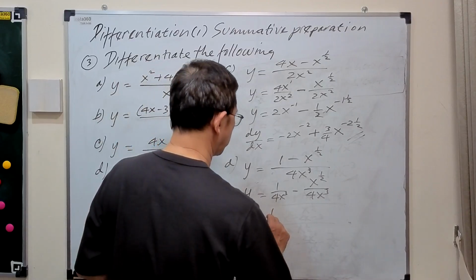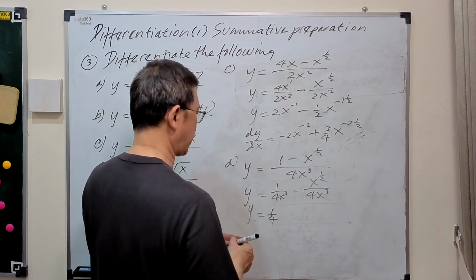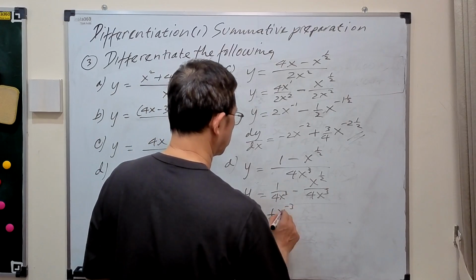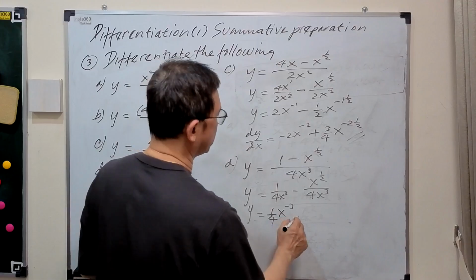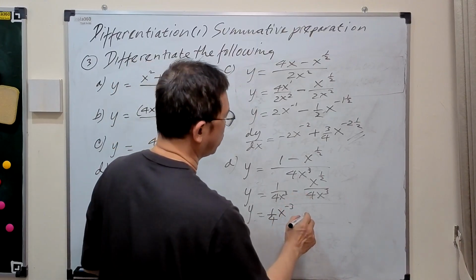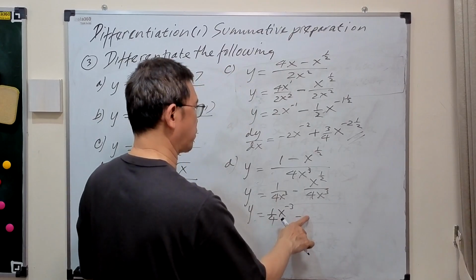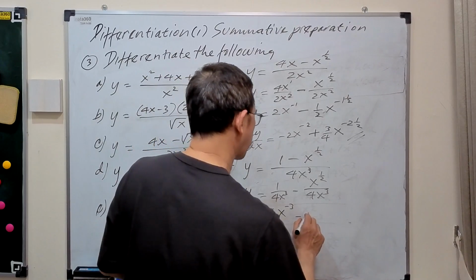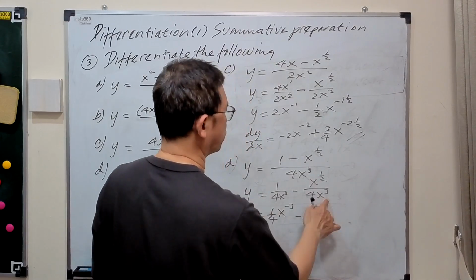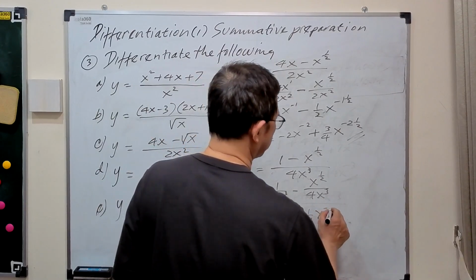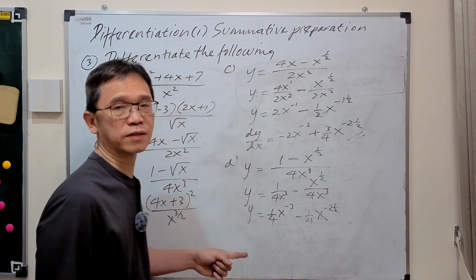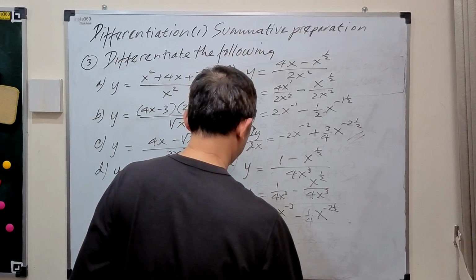We treat this as 1 over 4. Then the x cubed can move to the top; you switch the power, and it becomes negative 3. And be careful on this also: 4 is still at the bottom, so you can write this as 1 over 4, and then this will be x to the power of half minus 3, which is negative 2.5. This expression is ready to find the derivative.